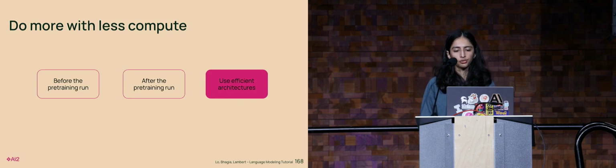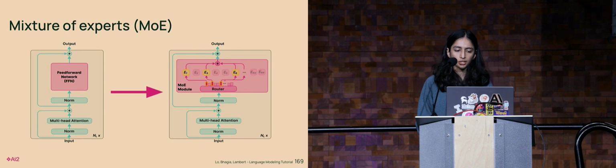And finally, instead of training dense models, you can use more efficient architectures, such as mixture of experts. Just to briefly explain what that is, if you compare the two figures on left and right, the difference between a regular dense training model is this pink part in the middle. So instead of going through a feed-forward network, in the mixture of experts architecture, you use a routing mechanism and pass the tokens through experts, and the router algorithm decides which experts to activate for which tokens.